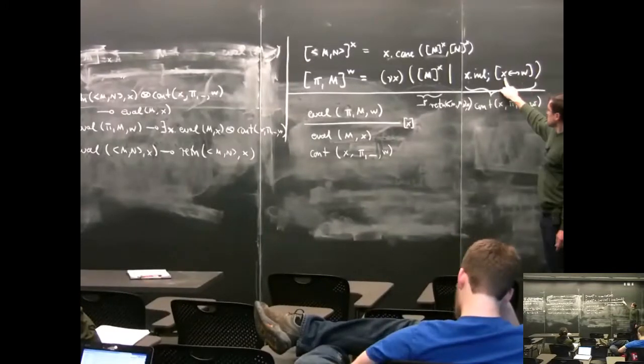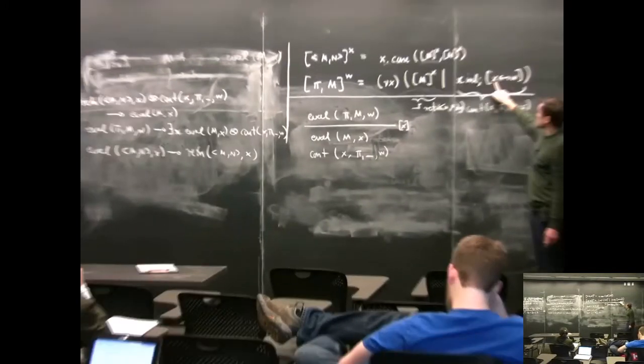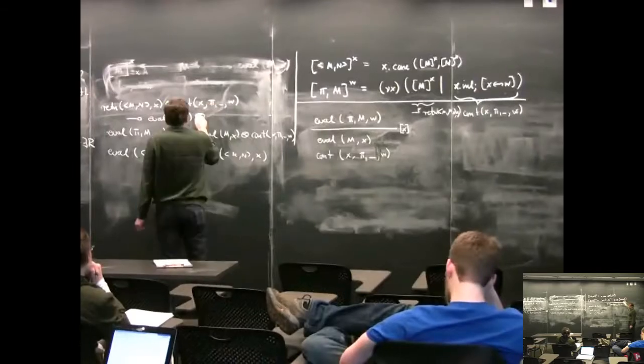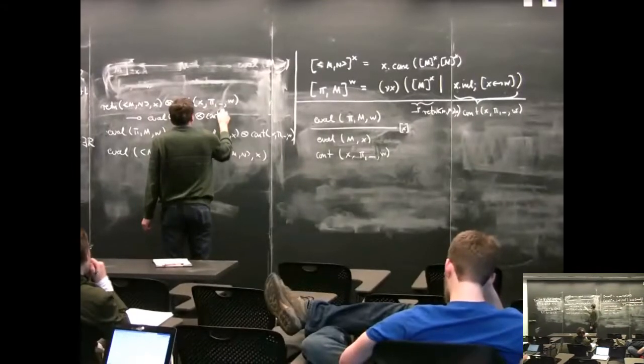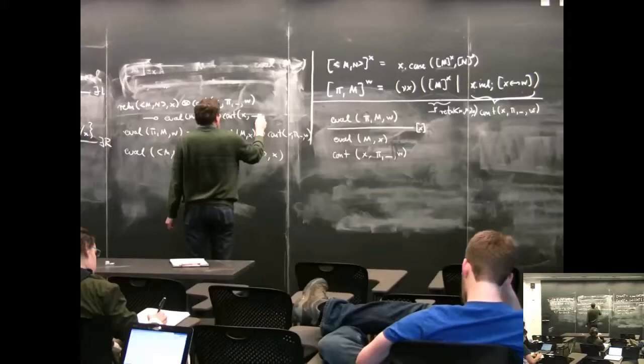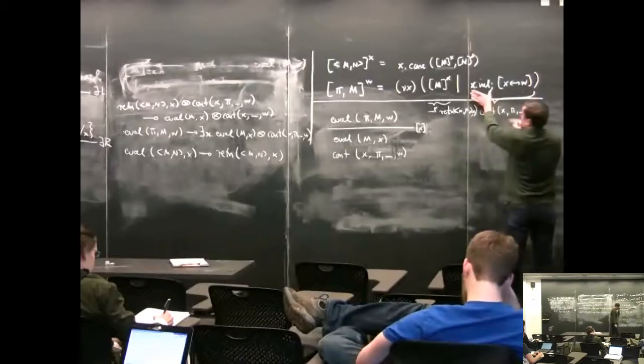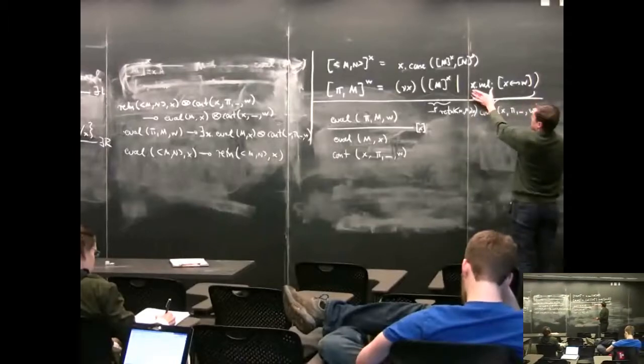Okay? So in the second part, what do we have to say? Well, we have to listen on x and forward the result to w. Right? So we would say, and we have a continuation that waits on x, does nothing, and forwards the result to w. Okay, so that's the second part of this.